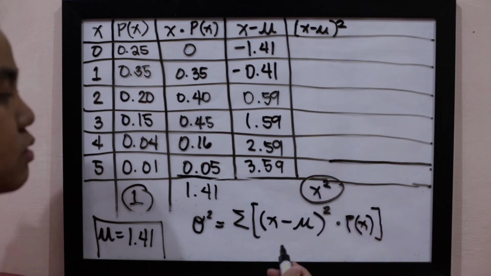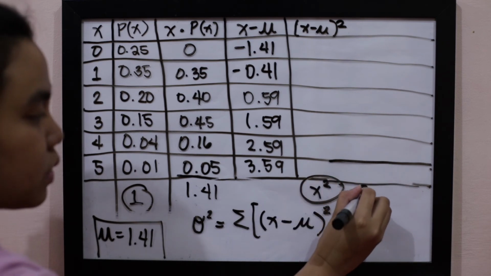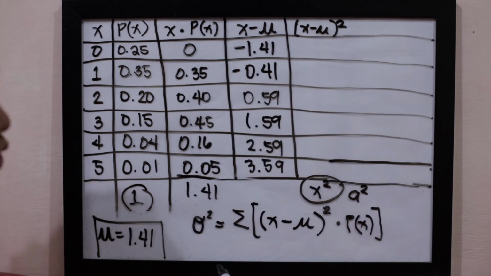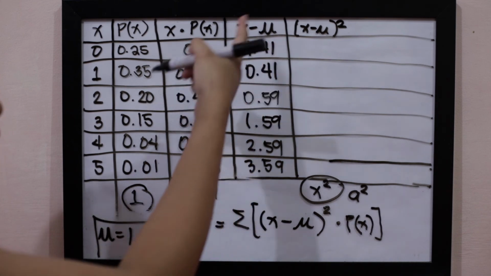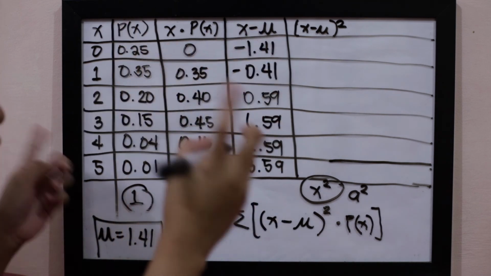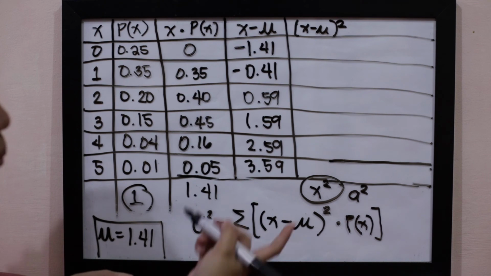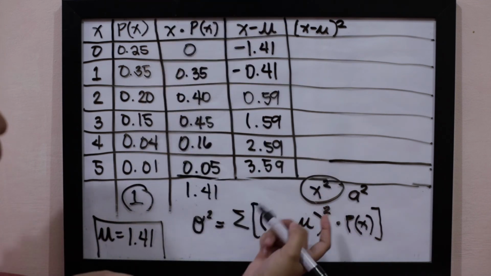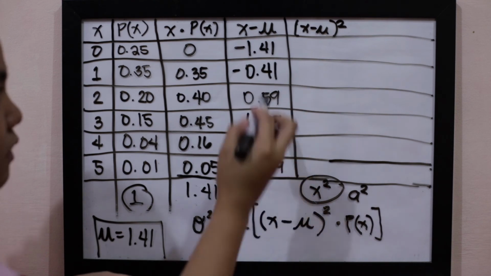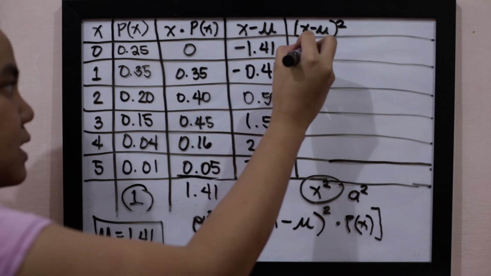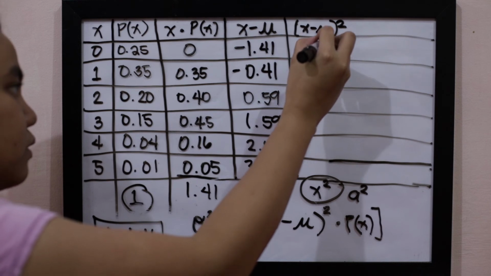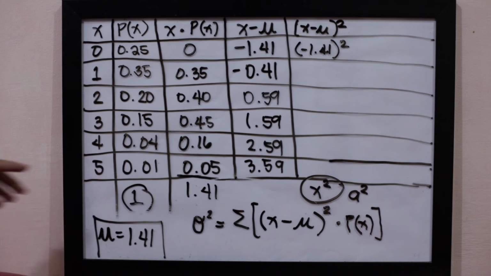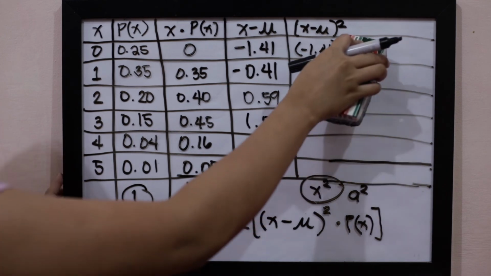Hanapin nyo yung ganito yung itsura o kaya naman ay a squared, para hindi na ang gagawin nyo is negative 1.41 times negative 1.41. Hindi nang ganon. So, you just type negative 1.41, open and close parenthesis since this is a negative number, tapos you square everything. Tapos, lalabas sa calculator nyo, negative 1.41 square. Tapos, you press equal sign, then, magka-come up tayo with an answer.